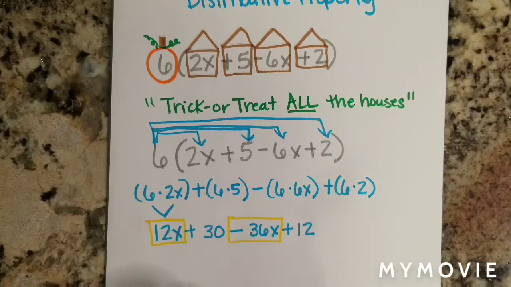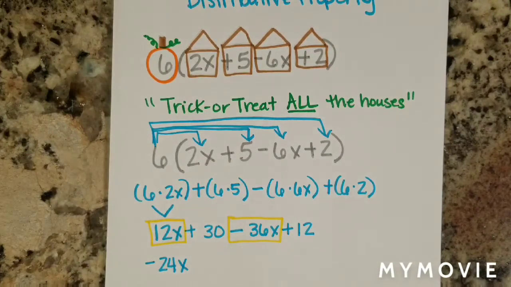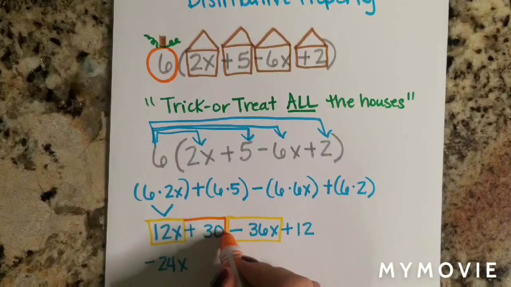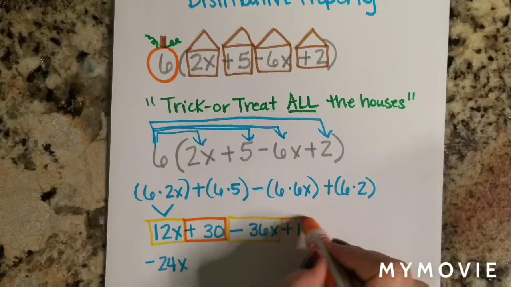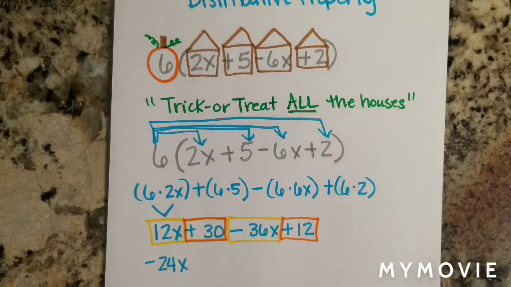My signs are different. That means I'm going to subtract, and I would get 24x, and it's negative. So I can go ahead and put that up here. Negative 24x.